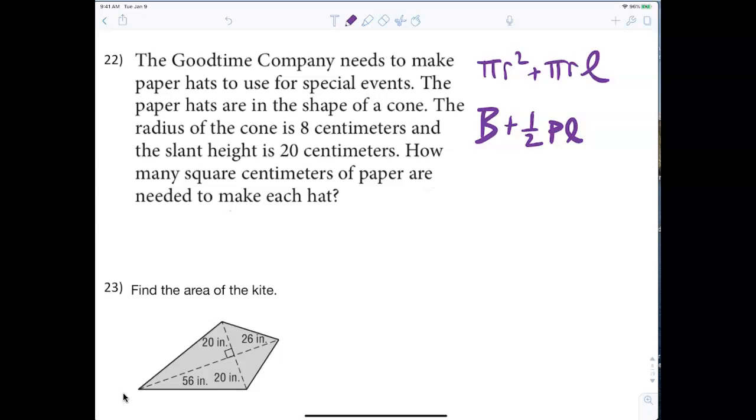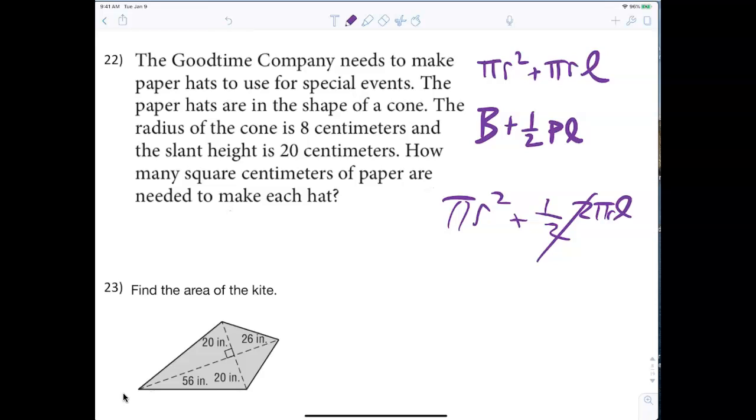For a cone, the base is a what? Circle. That's why it is pi r squared plus 1/2 the perimeter of a circle, which is its circumference. That's how we got the 2 pi r times the slant height. The 1/2 and the 2 cancel out. Pi r squared plus pi r l. Forgot the r.